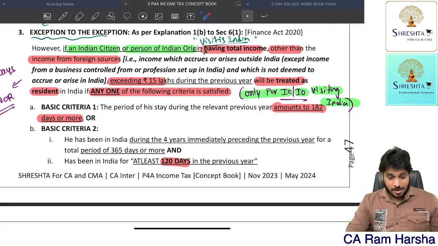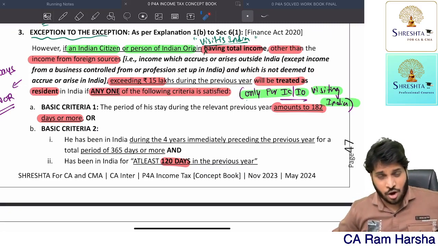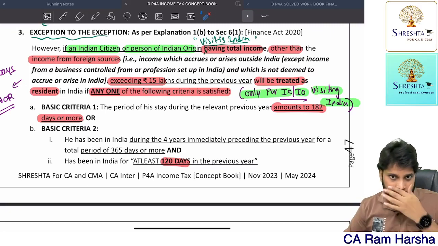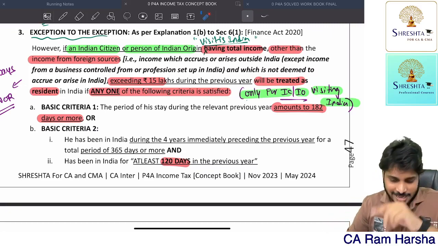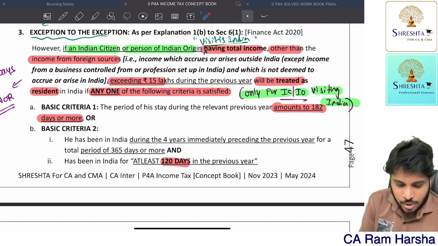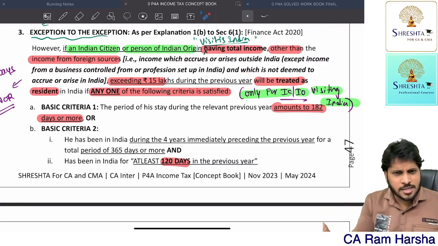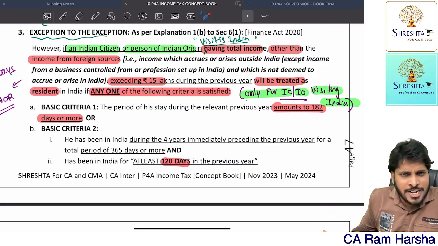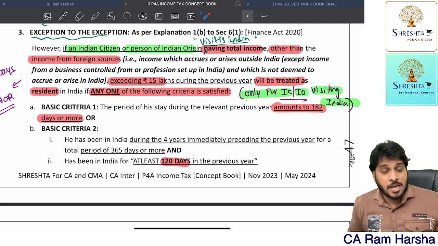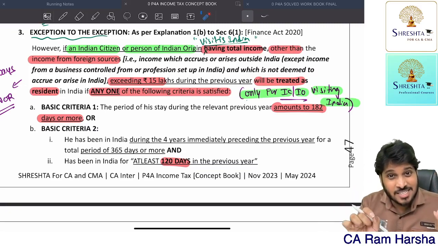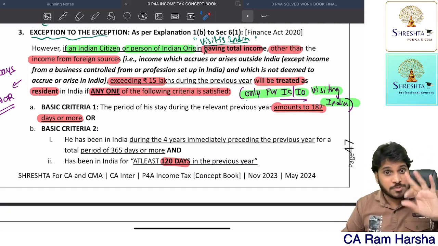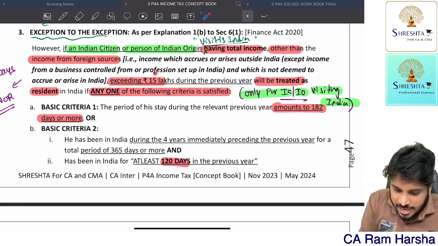I told you, business controlled from India or profession set up from India, that income we will consider because that is treated as Indian income. And which is not deemed to accrue or arise in India. What is foreign income? It is not something deemed to be accrued in India. It is not Indian income. It is foreign income. But if it is a business or profession controlled from India or set up from India, that we will consider in the 15 lakhs computation.